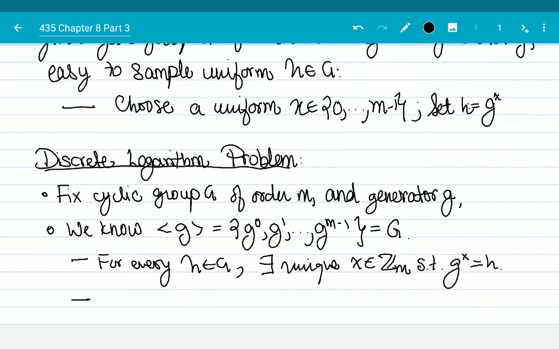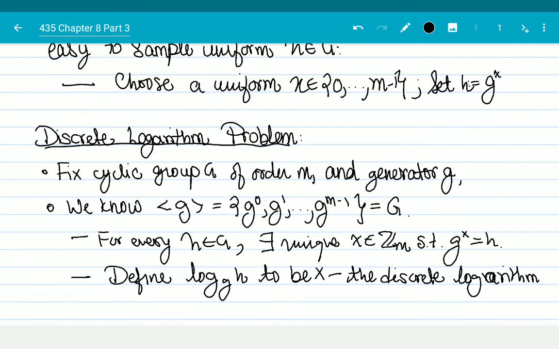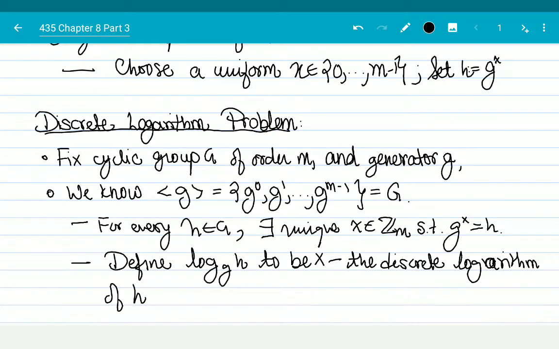In that case, define log to the base g of h to be x, the discrete logarithm of h with respect to g in the group G.